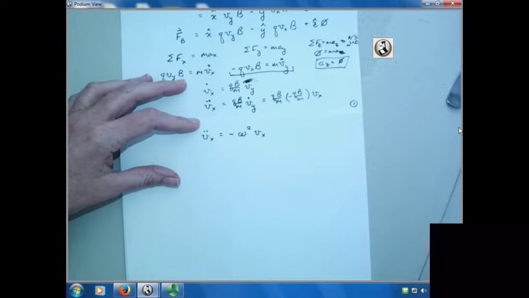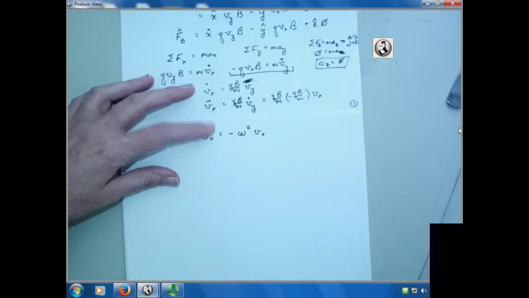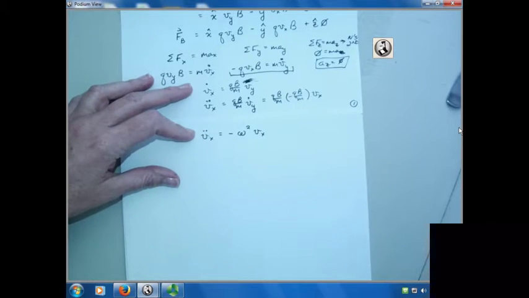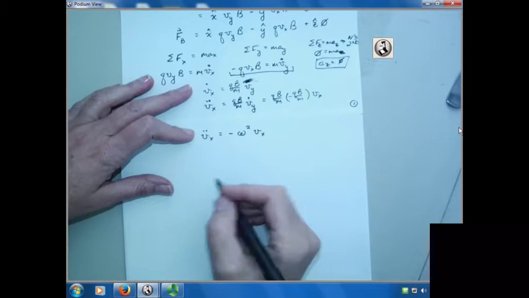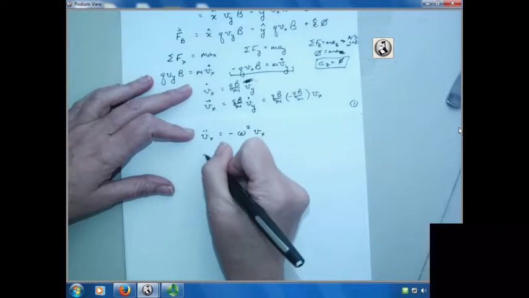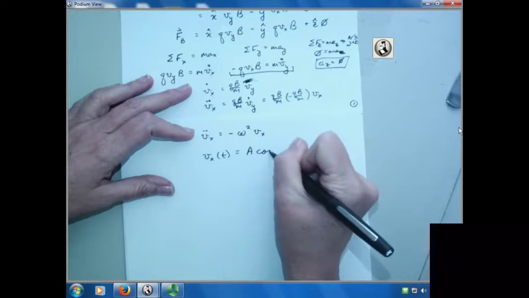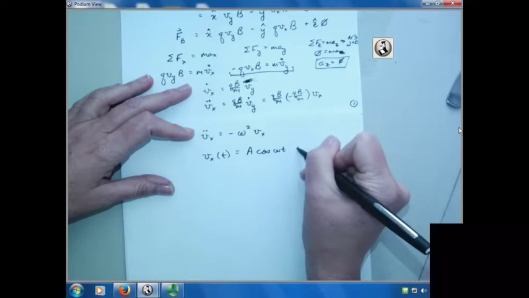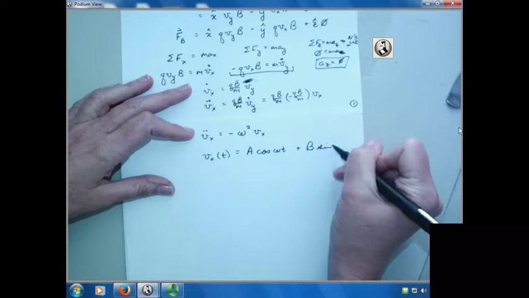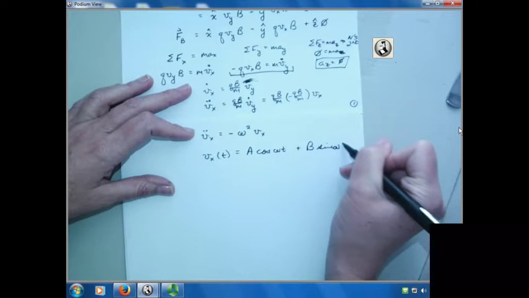At that time, I only knew two. And they were cosine omega t and sine omega t. Both of them would work. Are you guys all right with that? Okay. So what I would say is the most general solution for this is that Vx as a function of time is equal to A cosine omega t plus B sine omega t.